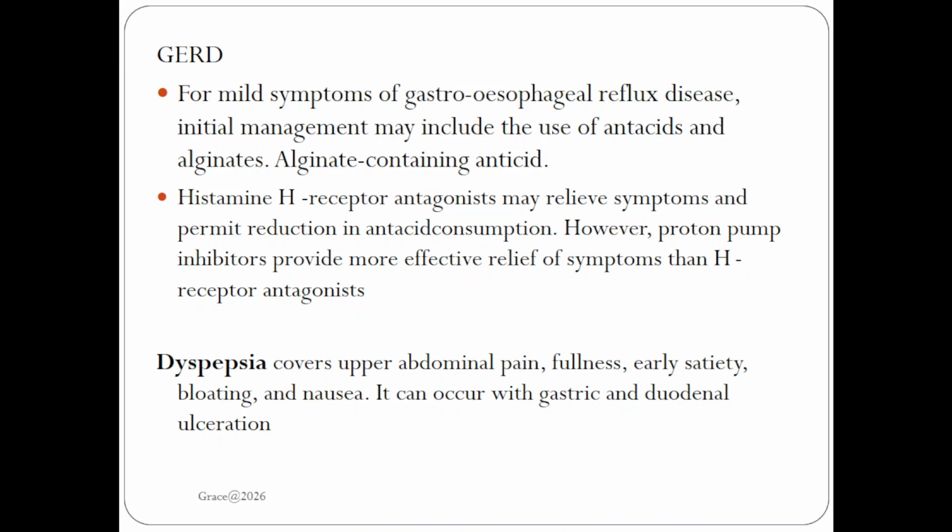So the management you'd consider, since it is the acid that has been refluxed, is what we call antacids. Or we can also take alginates as another class of medication. You may also need histamine receptor antagonists.